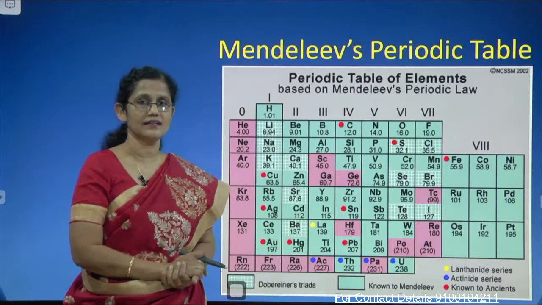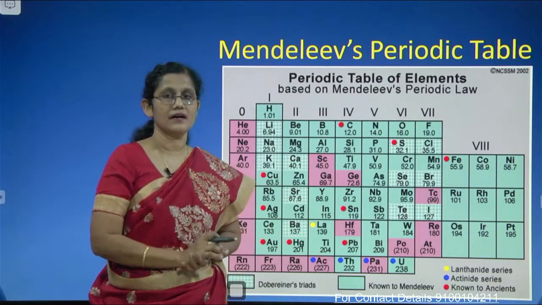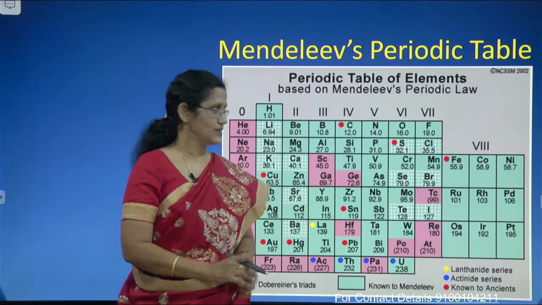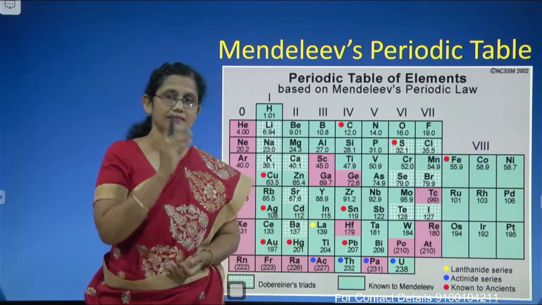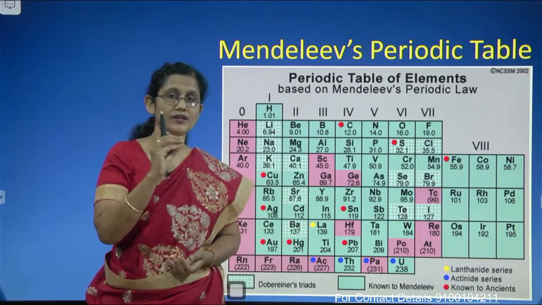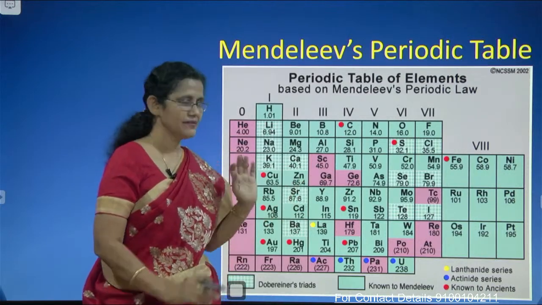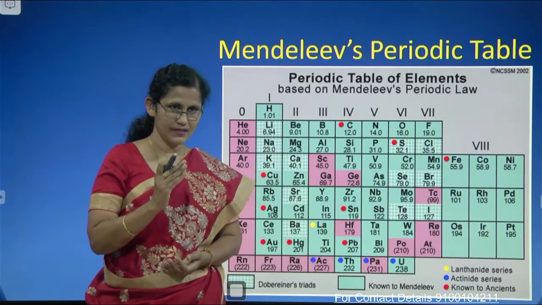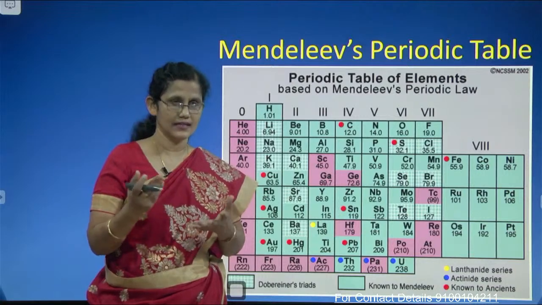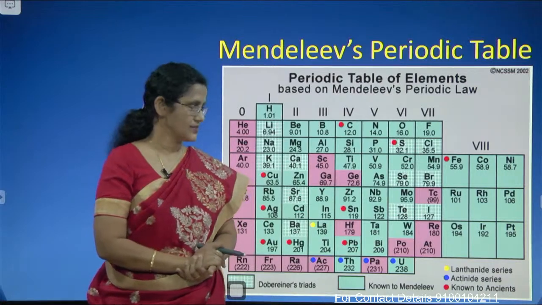What is this law? The physical and chemical properties of elements are the periodic functions of atomic mass. So, while classifying elements, he considered atomic mass as well as their properties. Not only atomic mass, he kept in mind the properties of elements while studying this table.